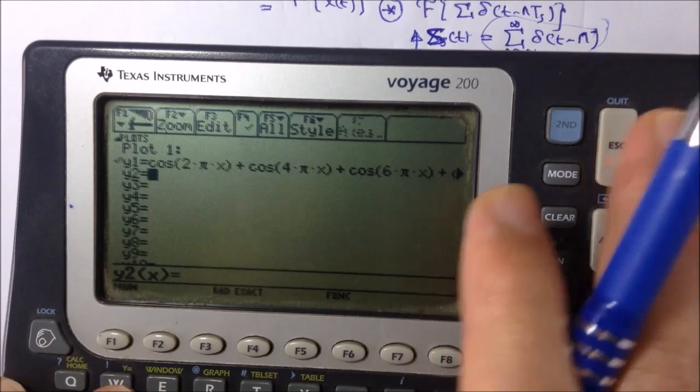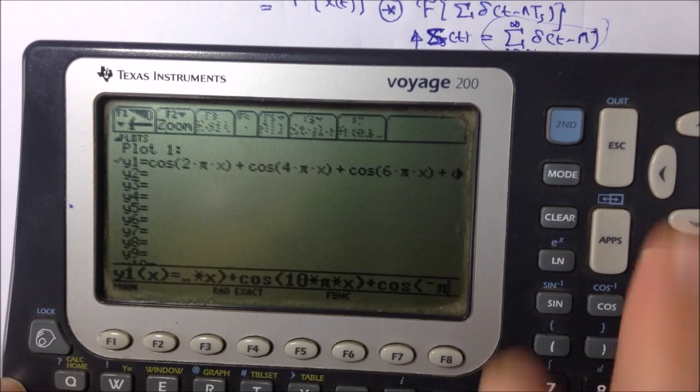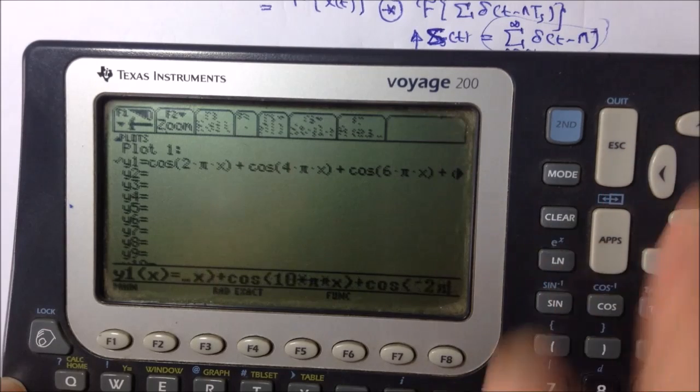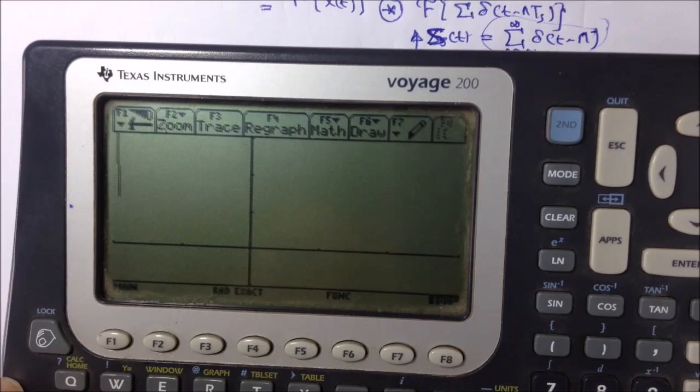So the magnitudes are 1, even if we add plus cosine minus 2 pi x, and then plus cosine minus 4 pi x, and so on, the plot will not change at all. Okay.